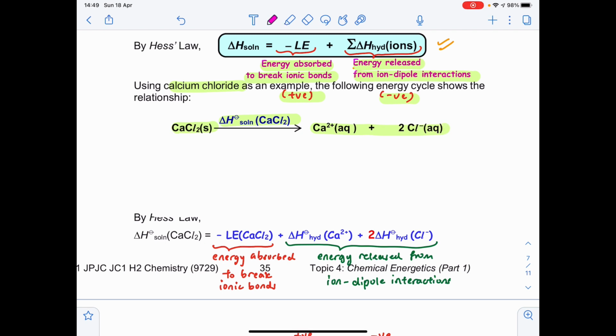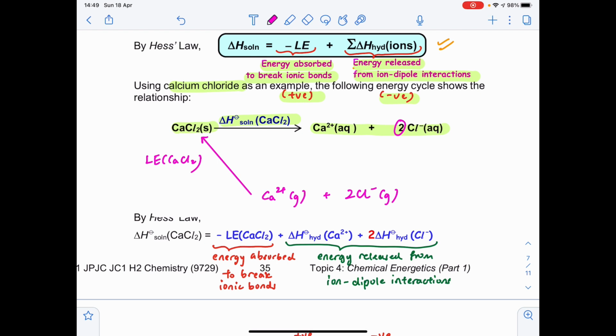The equation must be balanced, so it gives 2 moles of Cl minus and 1 mole of Ca2 plus aqueous ions. 1 mole of CaCl2 ionic compound can form from its gaseous ions, so from 1 mole of Ca2 plus gaseous ion and 2 moles of Cl minus gaseous ion. This is the lattice energy of CaCl2.